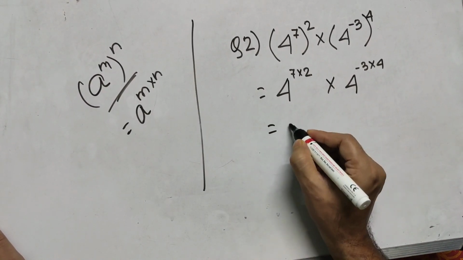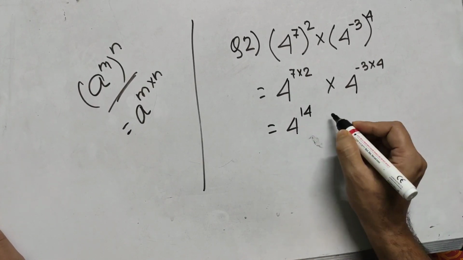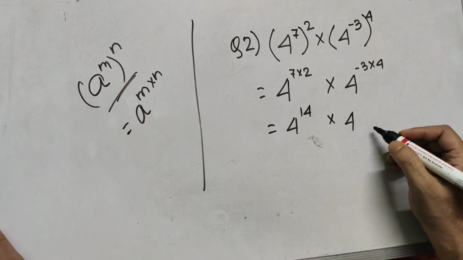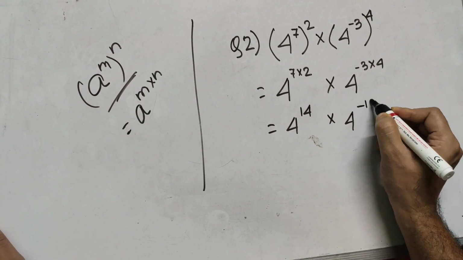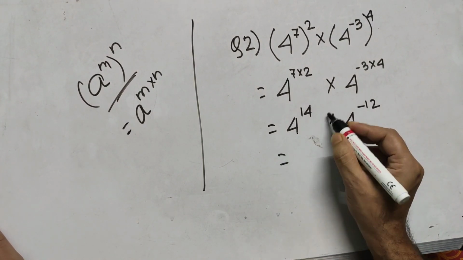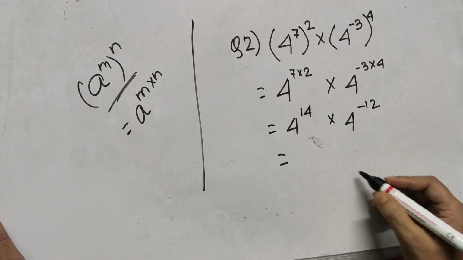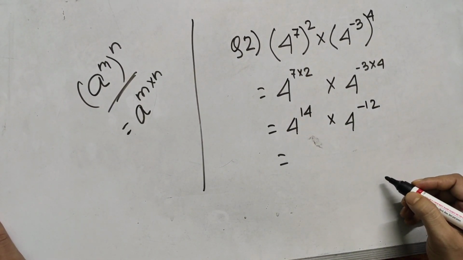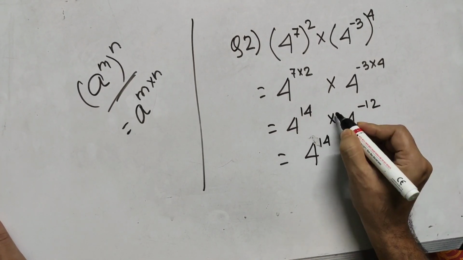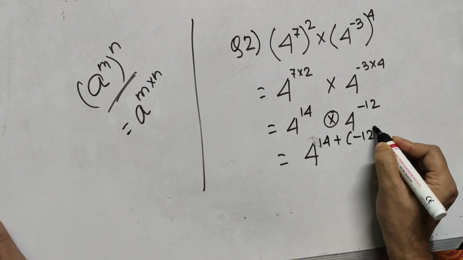So 4 to the power 7 twos are 14, into 4 to the power minus 3 into 4, which becomes minus 12. Multiplication means the powers are going to be added and the base is same, so it can be written as 4 to the power 14, for this multiplication sign we have to do plus minus 12.